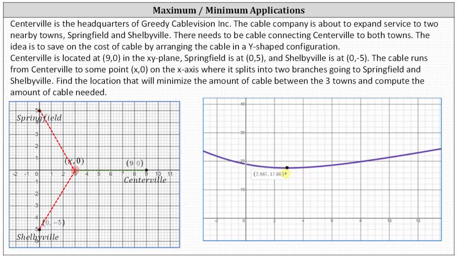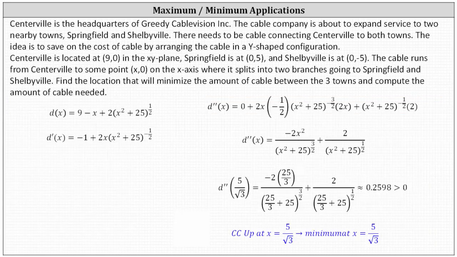And to save some time, I've already written most of this out, where again we have d of x and then we have d prime of x. We need to find the derivative of the first derivative.